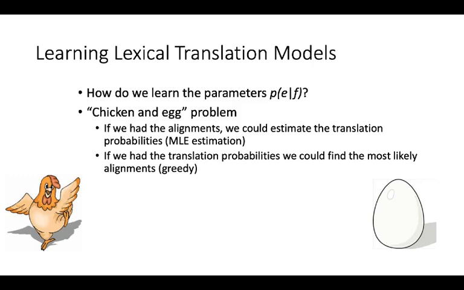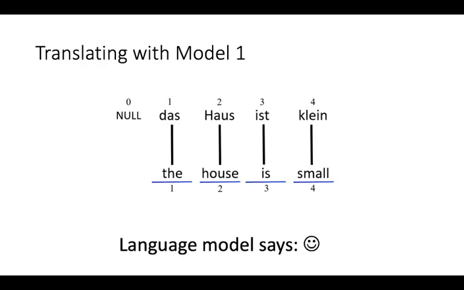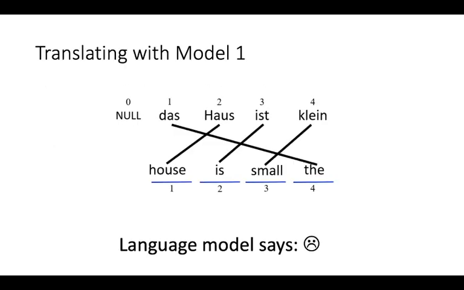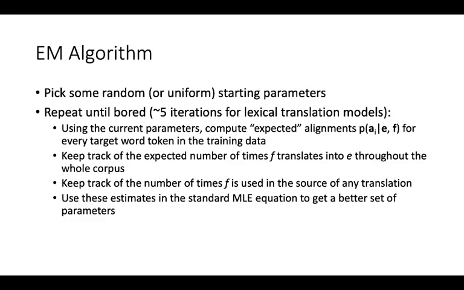So let's say we first assume that the alignment actually comes from a uniform distribution, and then we gradually, iteratively update the model and see how the alignment vector converges. So here is an example. We pick some random starting parameters like a uniform distribution, and then we run through the following iterative process. Given the current parameters, we compute the expected alignment probability P of a_i given e and f.